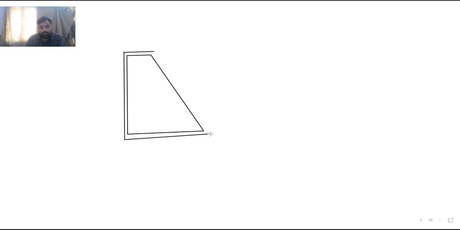So here, now I will draw the counterfort. This is the counterfort section I am drawing.